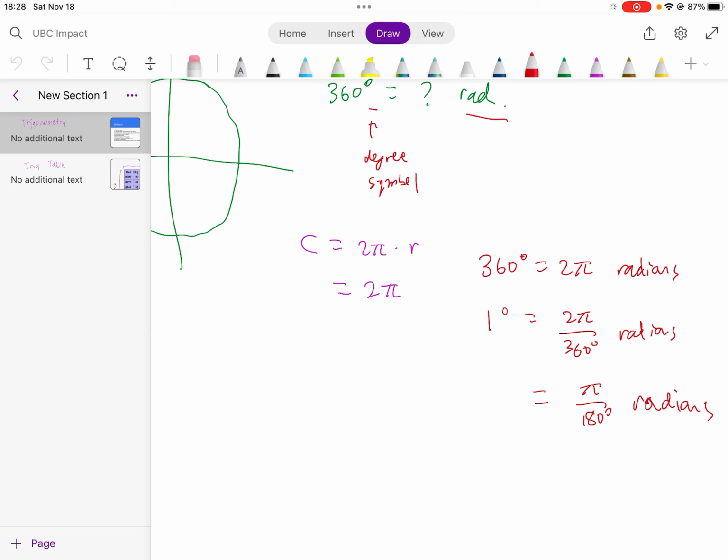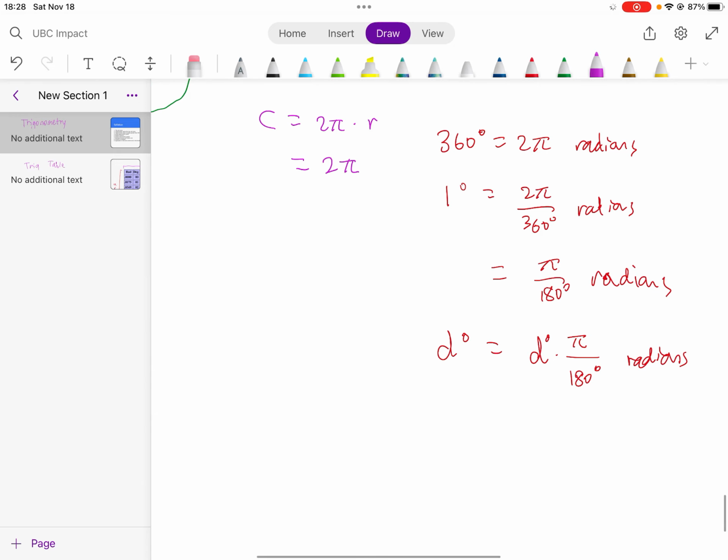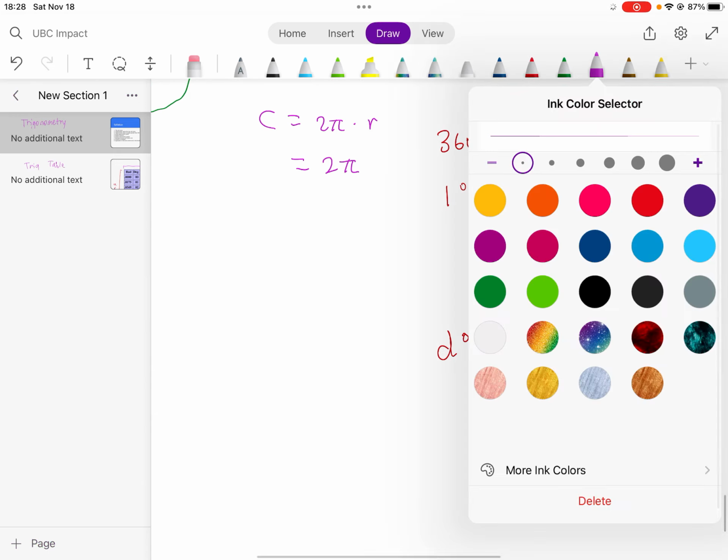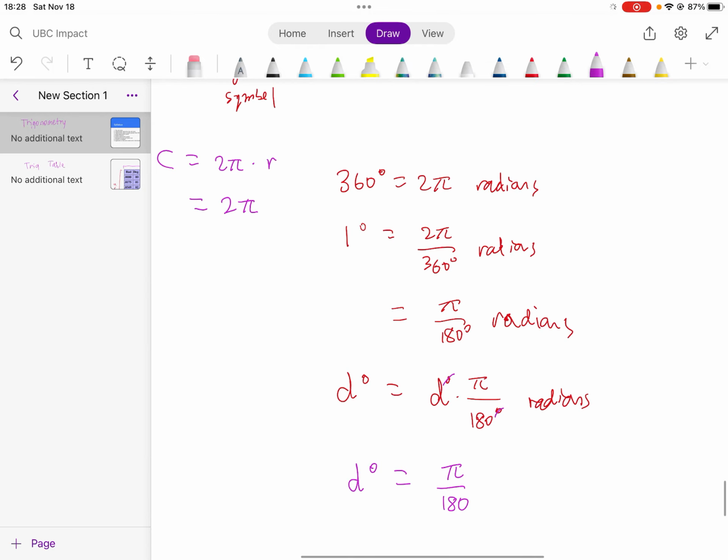So for any degrees, say d degrees, this would just be d degrees times pi over 180 radians per degree, and the degrees cancel out. We don't have to write them anymore. And so, in short, the formula is that d degrees is equal to pi over 180 times d radians.